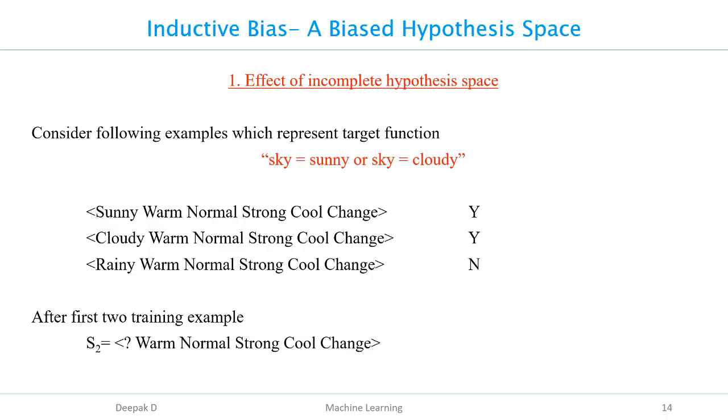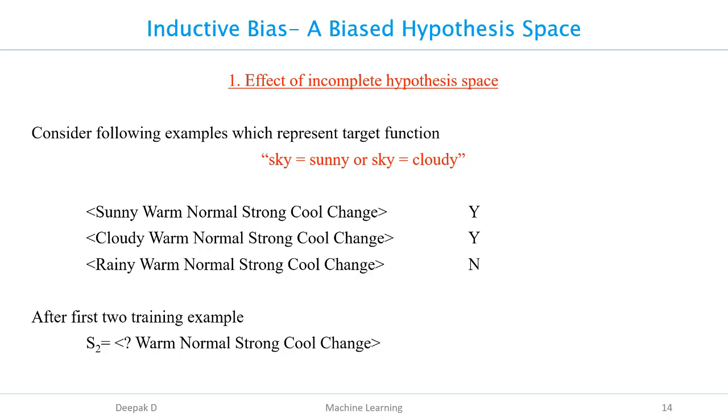Inductive bias, the first is the effect of an incomplete hypothesis space. Suppose we have to ensure that the hypothesis space contains the unknown target concept. One solution is to enrich the hypothesis space so that it includes all possible hypotheses.